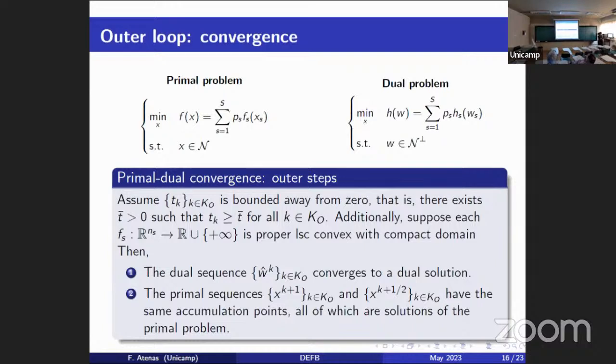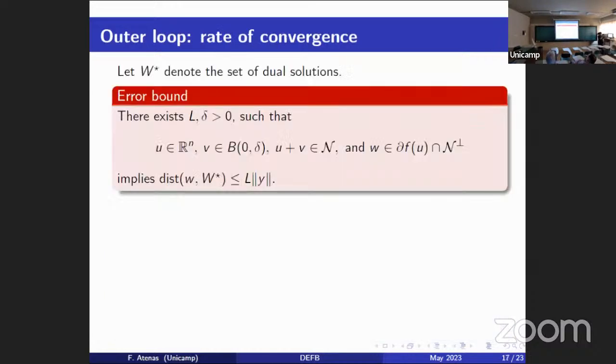An extra feature of this version of the proximal point algorithm is that we can measure the speed of convergence. For that, we need an extra assumption, an error bound that is classical in the literature. Here it's written this way: as long as we have an almost non-anticipative vector, because U plus V is non-anticipative, so we can make a small perturbation to that vector and the vector becomes non-anticipative.